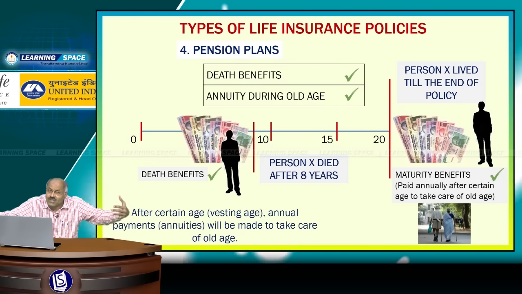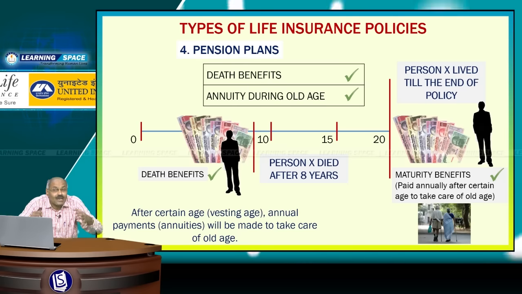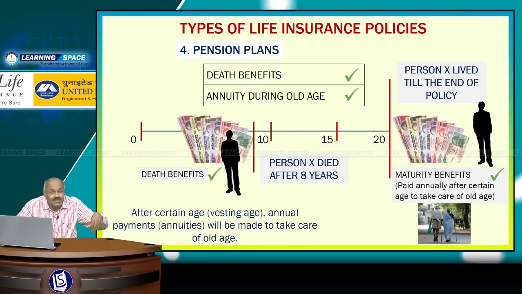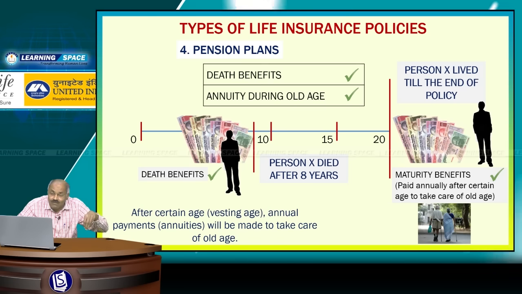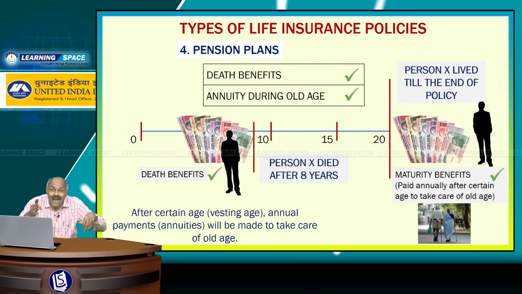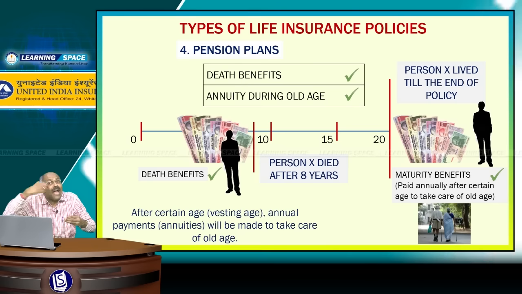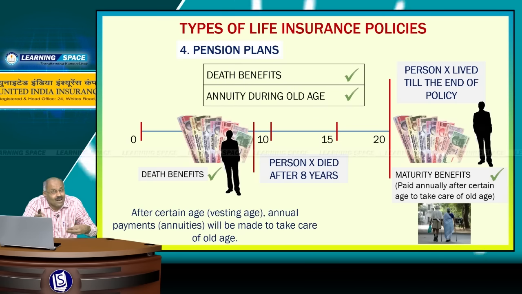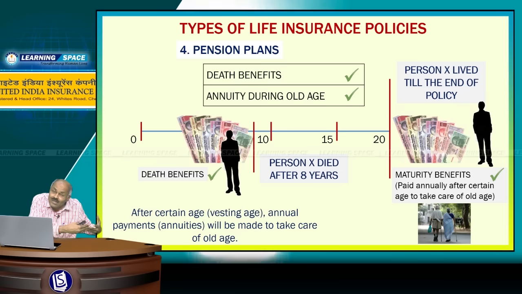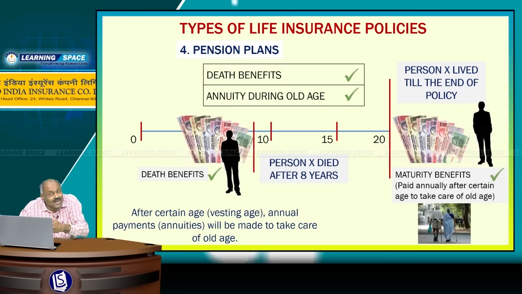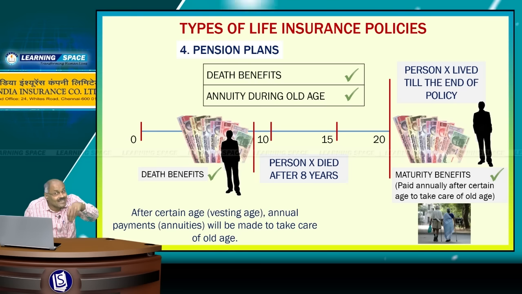So, the combination of pension and insurance is the hallmark of pension plans, and please don't forget, from which year the pension or annual pension or annuity, if someone says annuity, that is paid annually. So, when this annuity will start, that will be decided in advance, and the age from which this pension will be given is known as the vesting age.